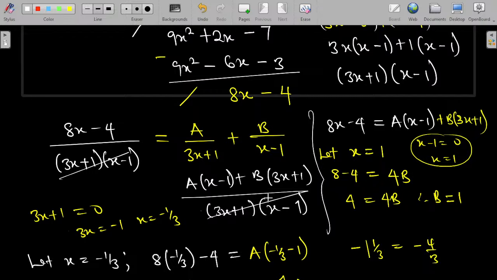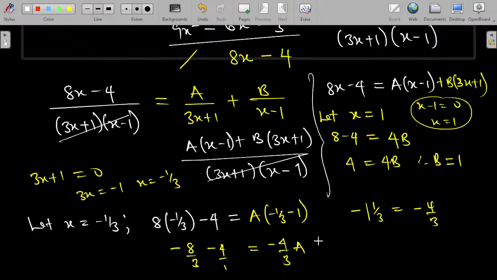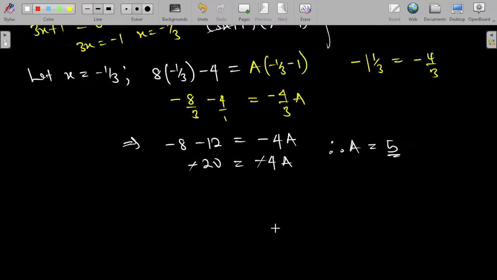Is that what I got? No, b as 1. So you can then come back and substitute into the fraction. So our a is 5.